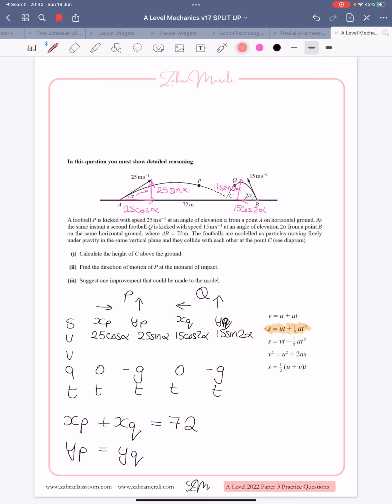Okay, so we have XP is the easy one because a is 0. So 25 cos alpha t. YP is going to be 25 sine alpha t minus a half gt squared, because we've got ut minus a half gt squared.